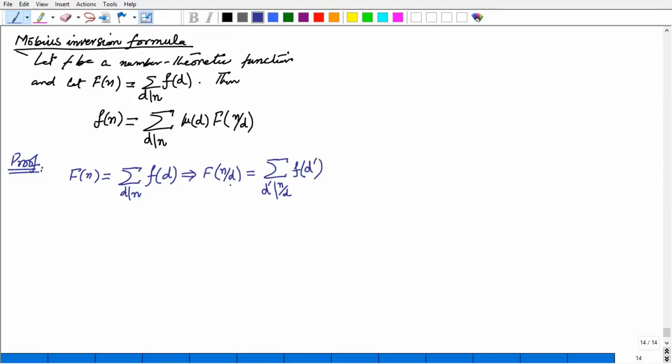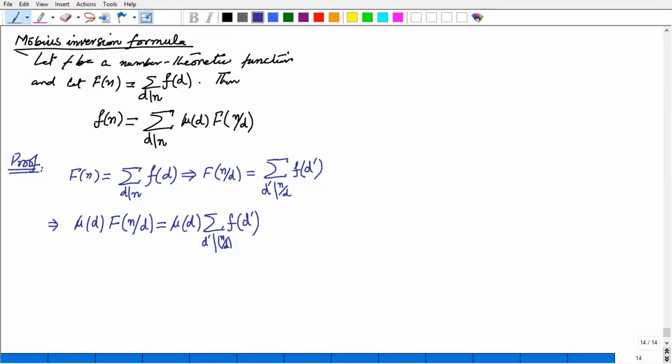And then we multiply both sides by mu(d), the Mobius function. So mu(d) F(n/d) equals mu(d) times the sum over d prime dividing n/d of f(d prime).